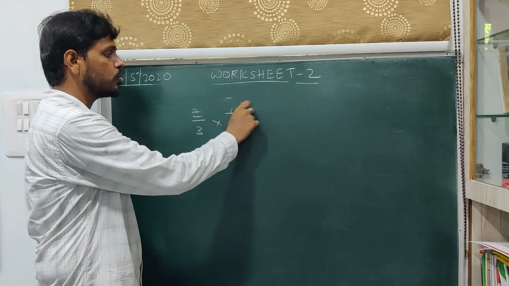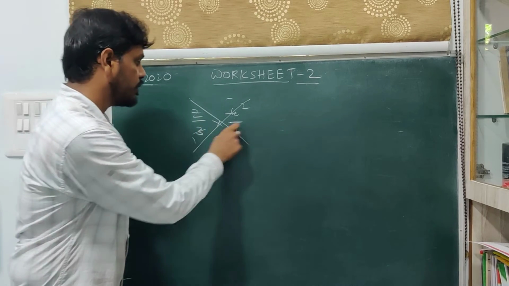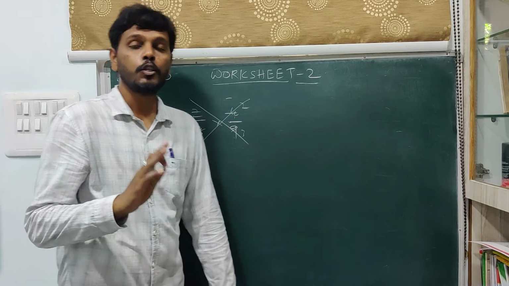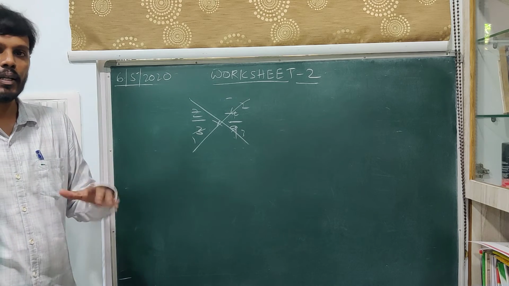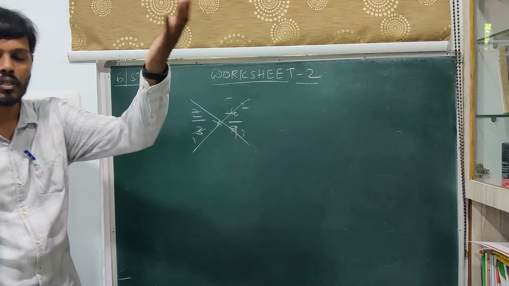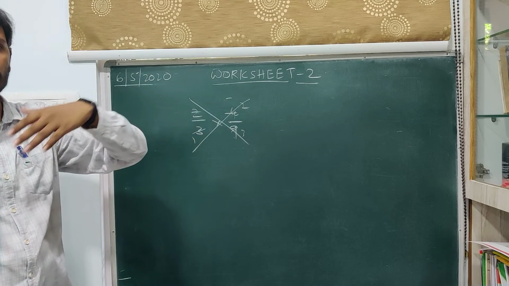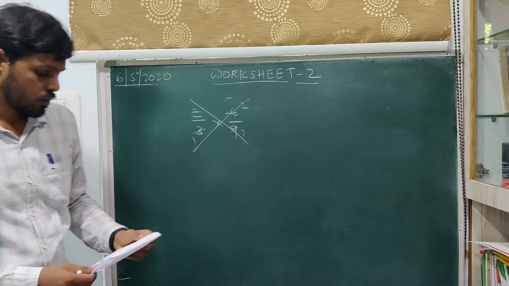That is, 2 1s are 2, 2 2s are 4, this is wrong. Or you cannot do 3 1s are 3, 3 3s are 9, that is also wrong. So cancellation should not be done between numerator and numerator, denominator and denominator. It should be done between numerator and denominator. Either the numerator parts should be cancelled with the denominator, or the denominator with the numerator. So the cancellation process should go between numerator and denominator. So that is it all.